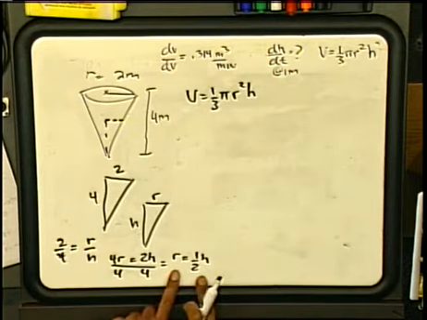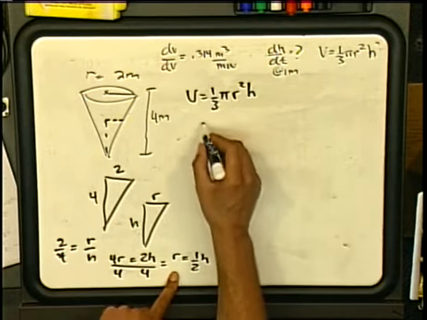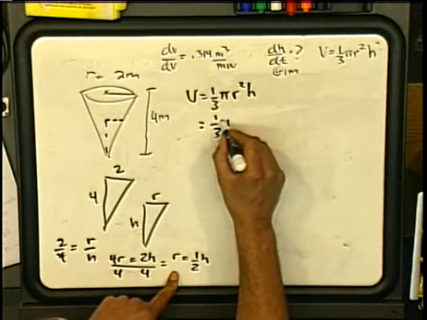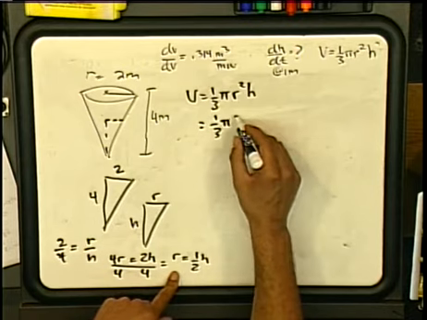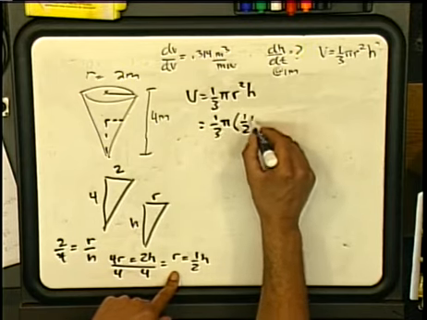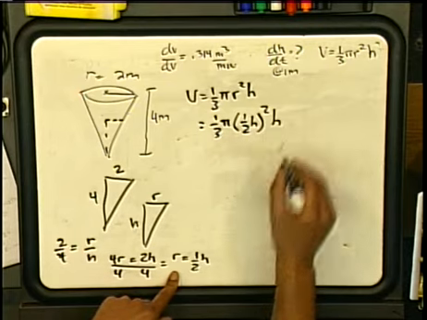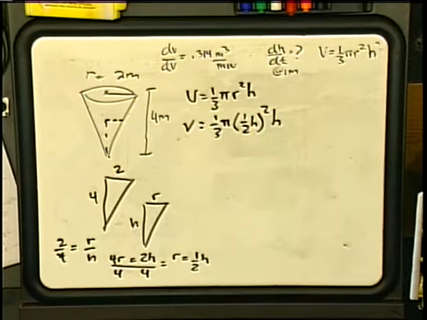We're putting this r into our equation up here. Pi times 1/2 h squared times h. Simplify.